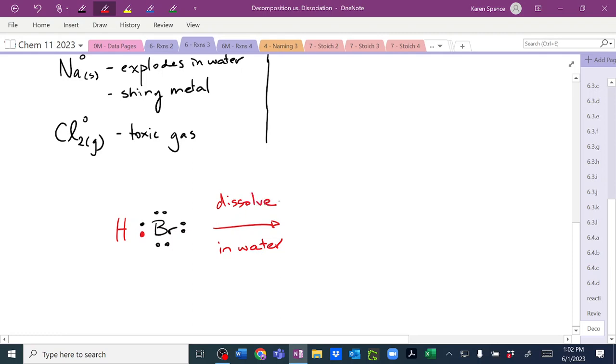When you dissolve it into water, the H comes off and it leaves its electron behind. So it doesn't have that electron anymore, so it's now positively charged because it lost that electron. The bromine has that extra electron, yes?